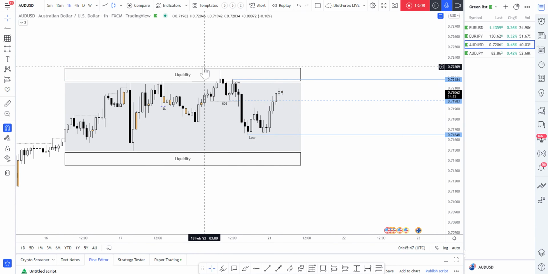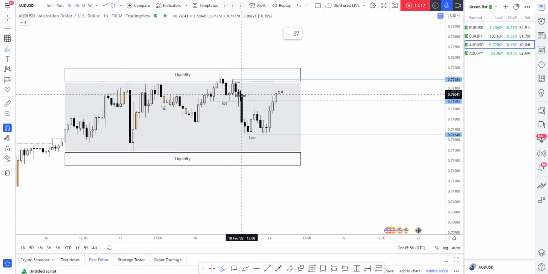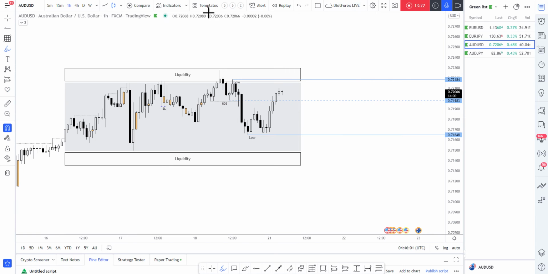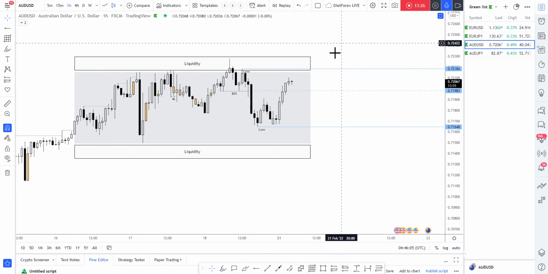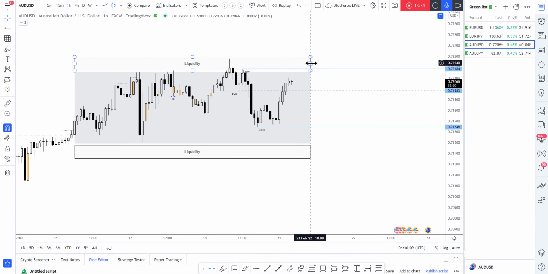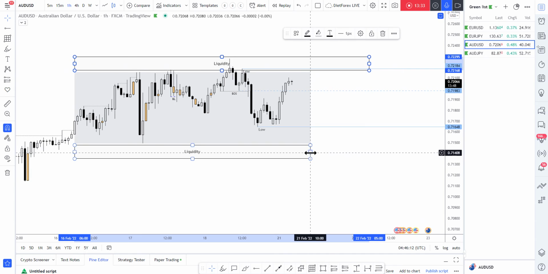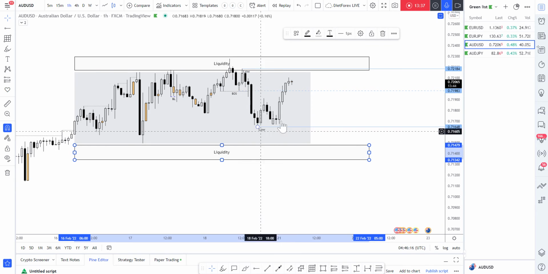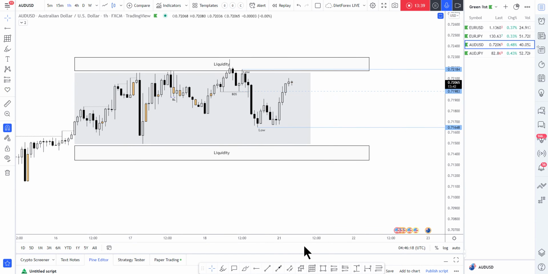So the idea is it liquidates the stops here before continuing the move to the downside right there. So I'll update you guys, and then let's see what will happen, right? So this is an interesting case study right now. Ranging, and I'm going to sit on my hands for now and observe.